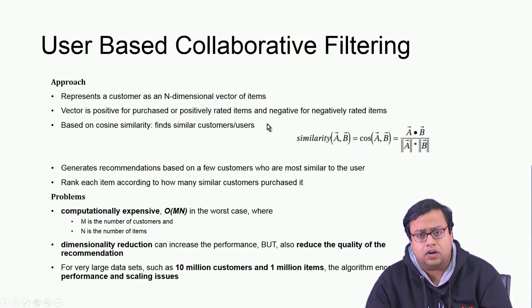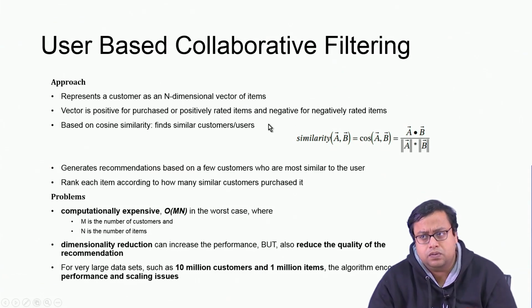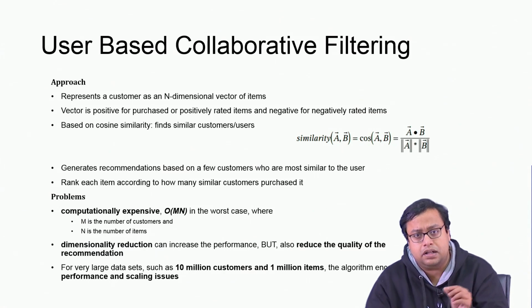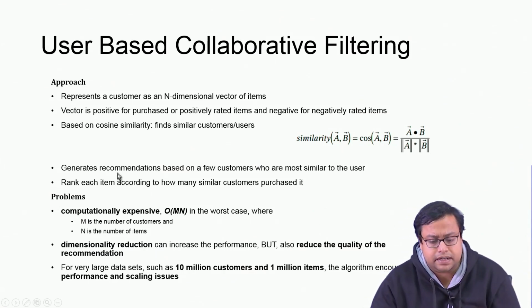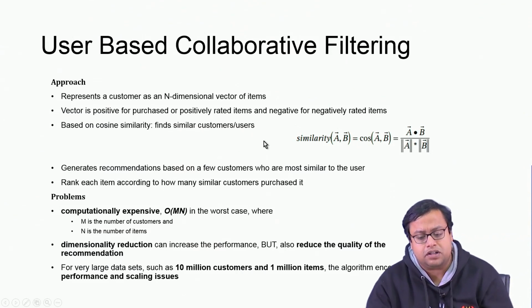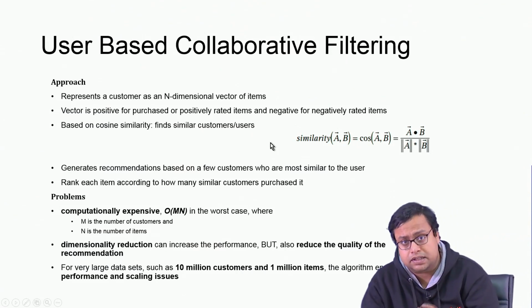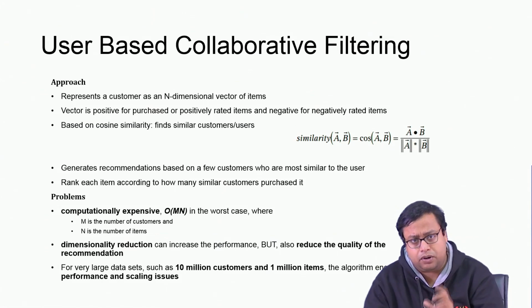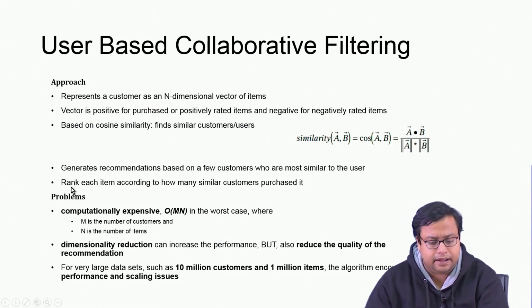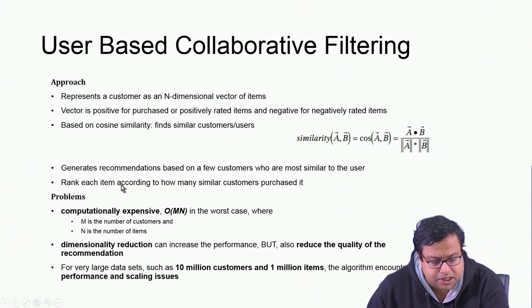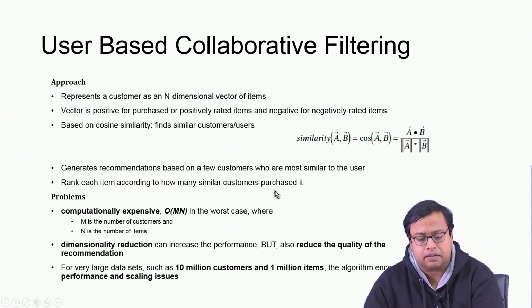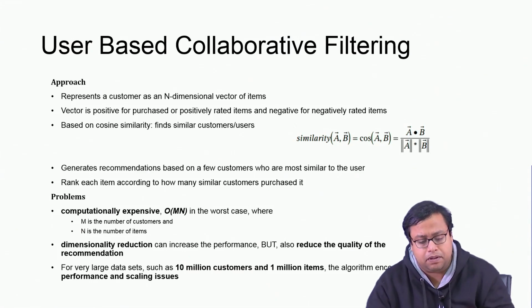Cos 0 is 1, sin 0 is 0. So generate recommendations based on a few customers who are most similar to the user, and then rank each item according to how many similar customers have purchased it. This is something that we will follow in our problem also.